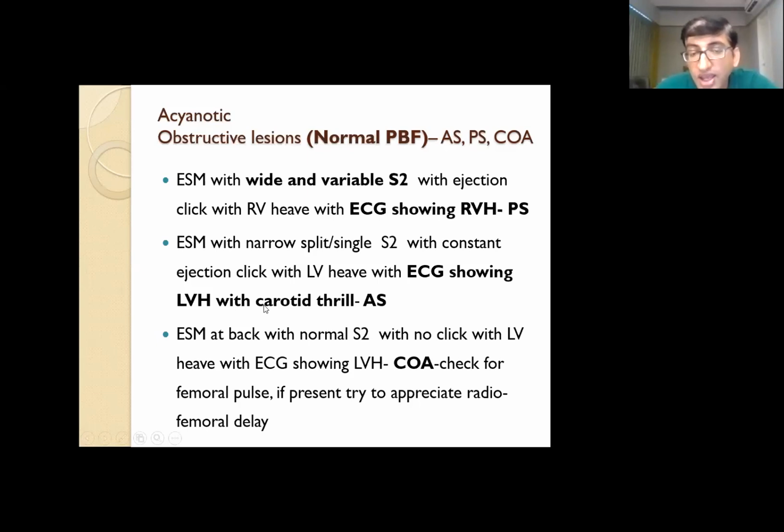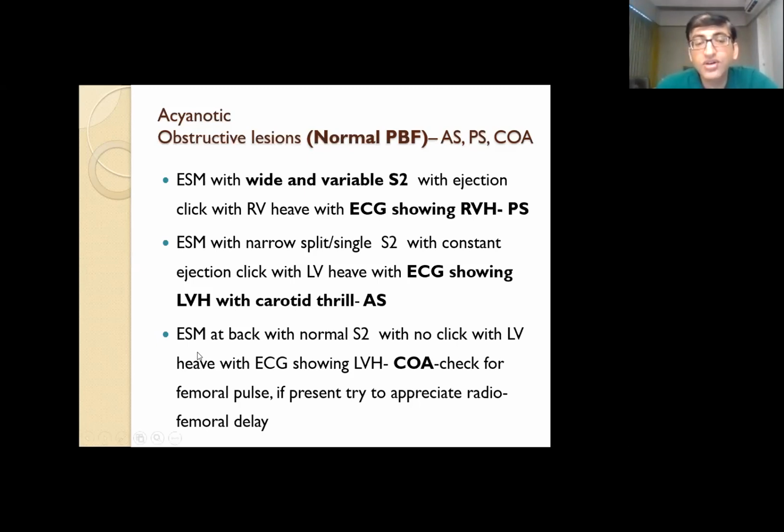Only aortic valvular stenosis will have a carotid thrill. So when you touch over here and feel a thrill, you hear an ejection systolic murmur and feel a thrill over here, it is diagnostic of aortic stenosis.